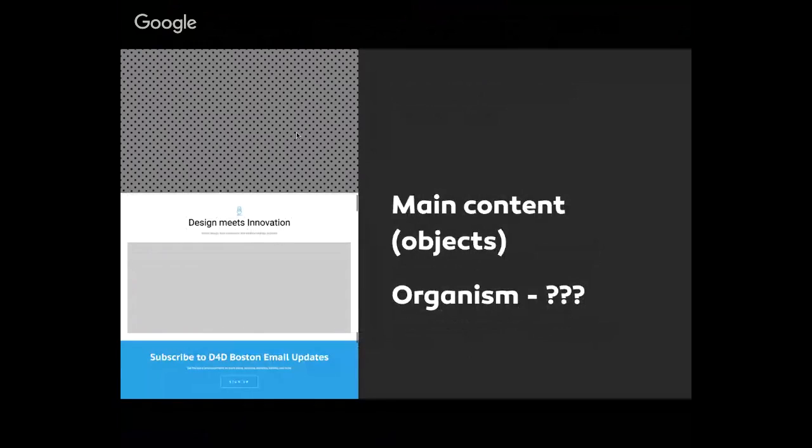So let's go in reverse order. Now we have a main content block containing several organisms inside it. And this main content region is also an organism containing another two objects. So you can see that it's repeated from time to time.